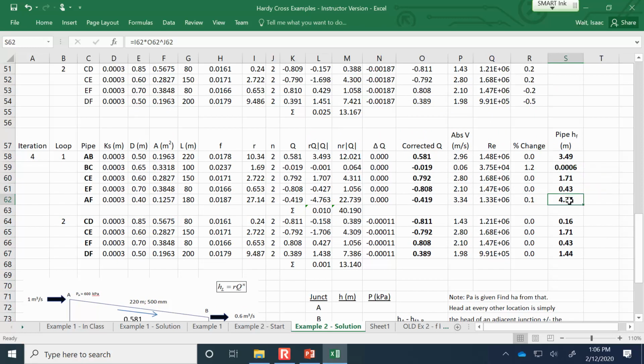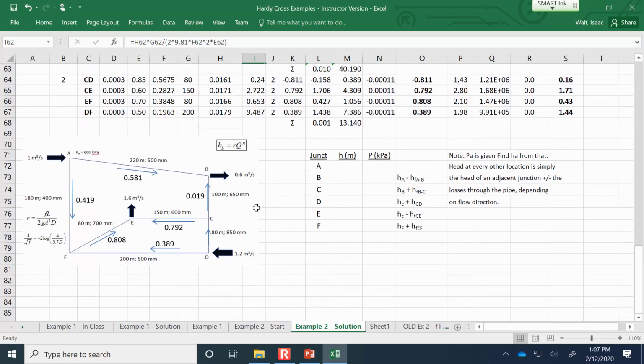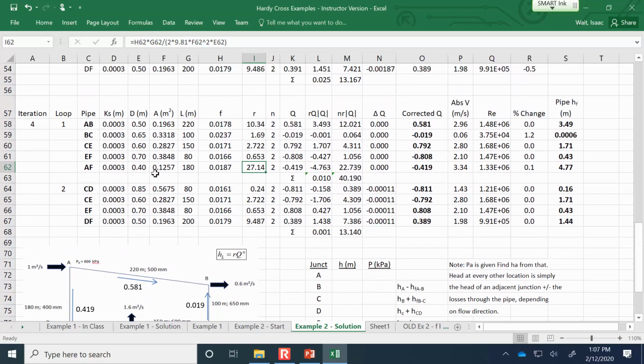There's a lot of head loss through pipe AF, because the flow rate is relatively high and the resistance is also relatively high. There's lots of flow going through pipe AF, but it's a relatively small pipe, the diameter is just 0.4, so there's a lot of resistance because of that small diameter. So there's a big head loss through that.